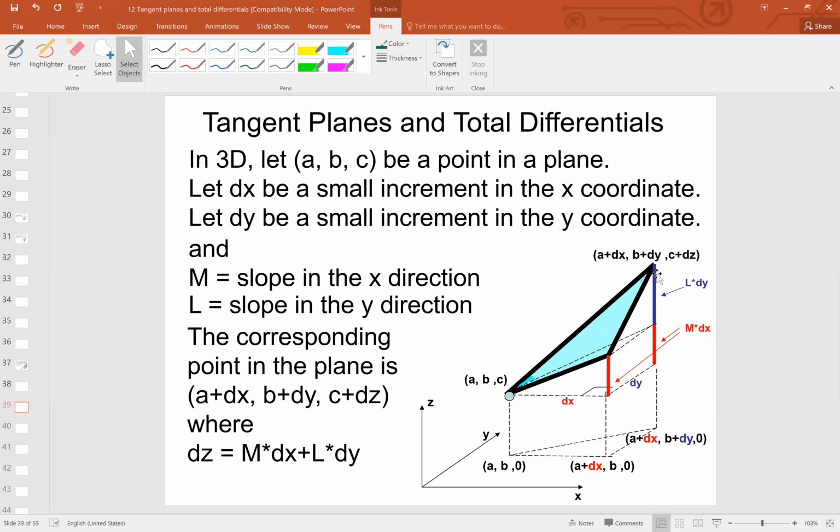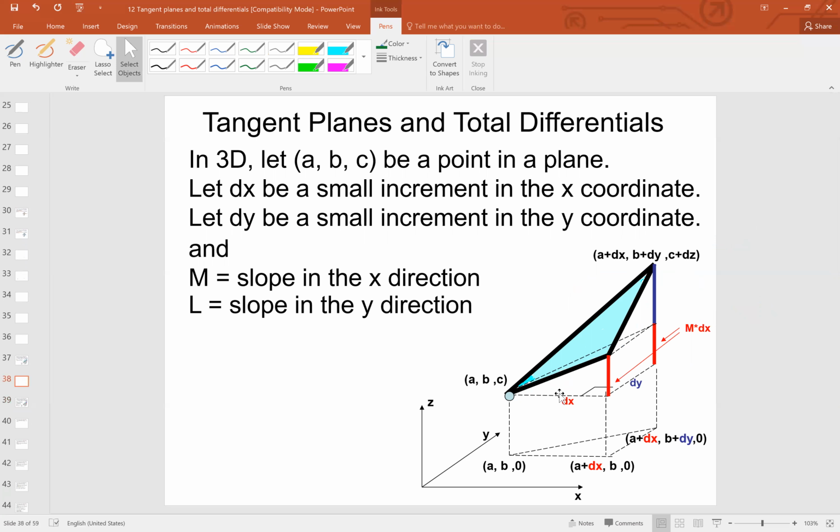And altogether, the change is going to be, first of all, if I go from here to here, the rise is going to be the slope m times dx. And that's, of course, the same as that. Then I'm going to go from here, then go up, and then the gain is going to be L times dy. So altogether, the gain is the sum of those two.